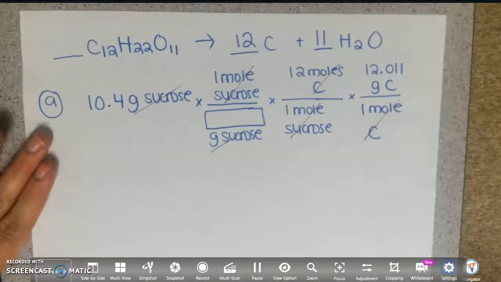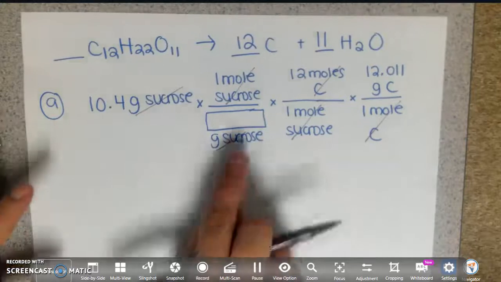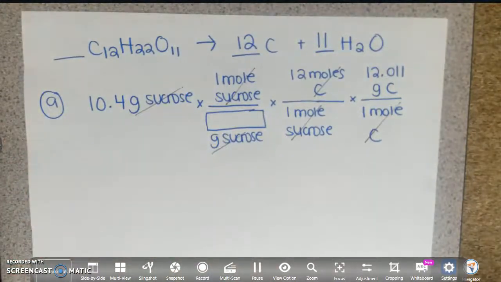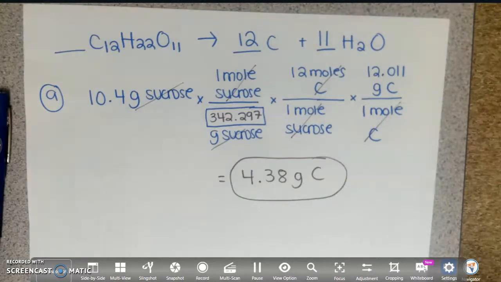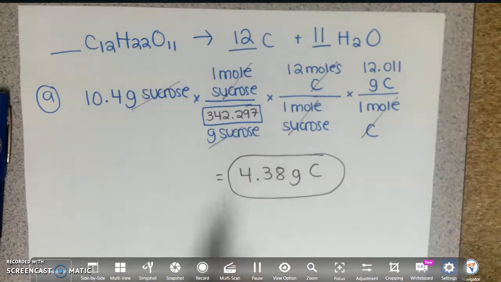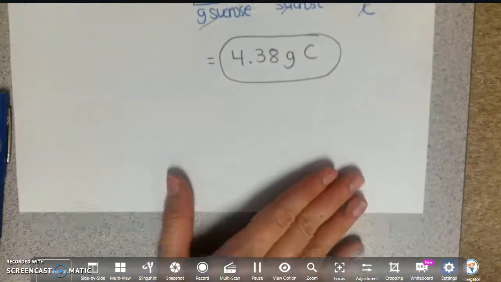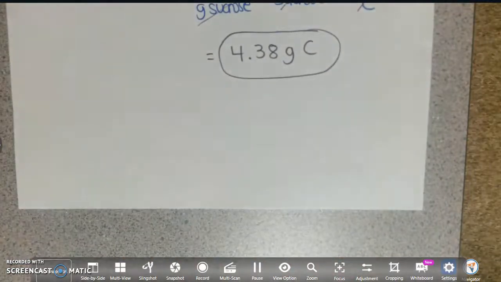Now I want you to pause the video and go find the molar mass of sucrose and type all this in and see if you get the correct answer. But pause it, try it by yourself. And you better have paused the video and tried it, and you should have gotten 4.38 grams as your answer. Okay, now I'm going to help you set up B, and then you're caught up with what we did in class today.